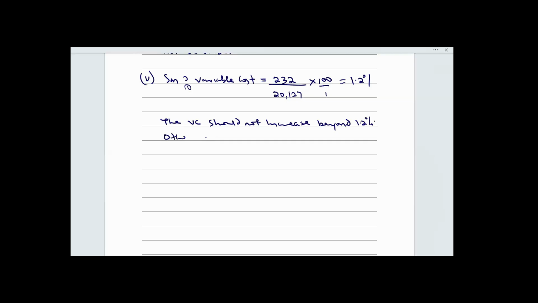Otherwise, the decision to accept the project will change. Otherwise, the initial investment or the investment proposal will not be viable.